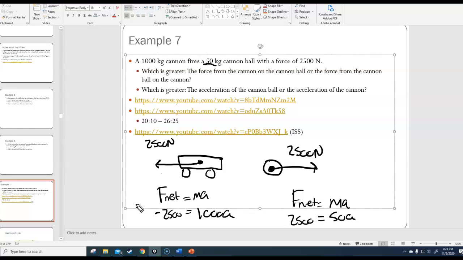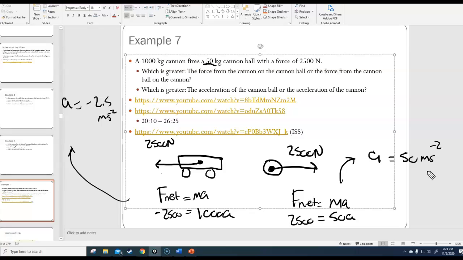Because the cannon is going to have an acceleration of negative, let's see, 2,500 divided by 1,000 is 2.5 meters per second squared. And the cannonball is going to have an acceleration of 2,500 divided by 50. So that's going to be 50 meters per second squared.